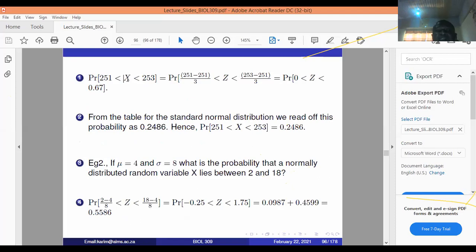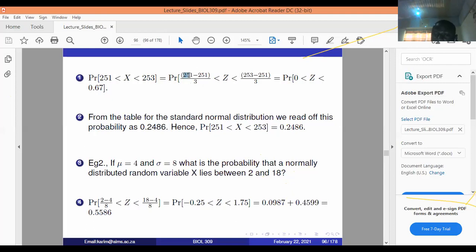The X is standing for the random variable newborn babies. This is what you have here. So I will use this to compute the Z.